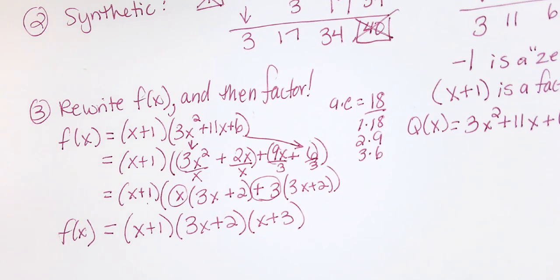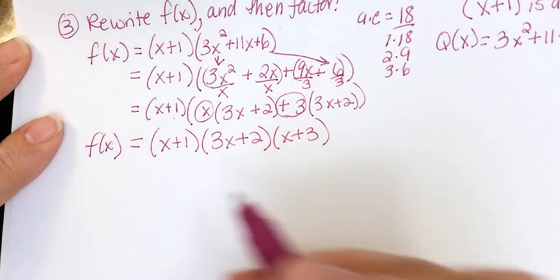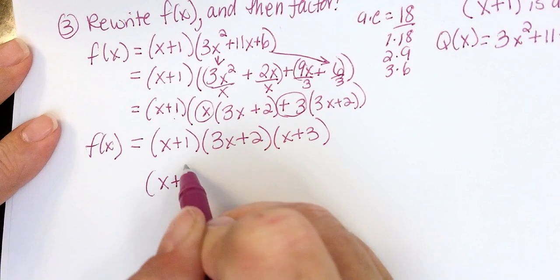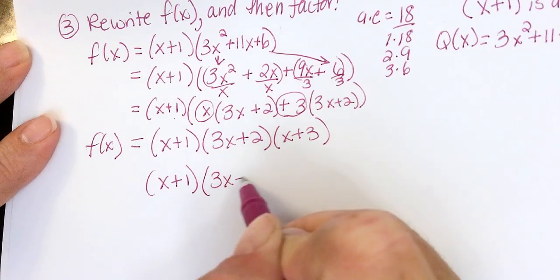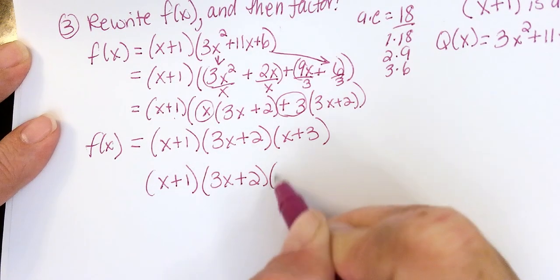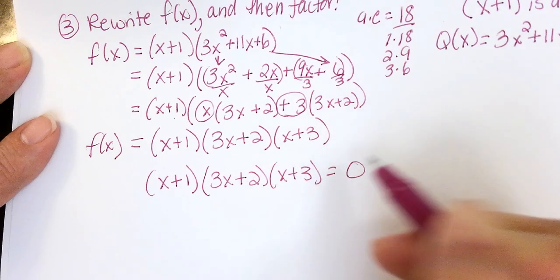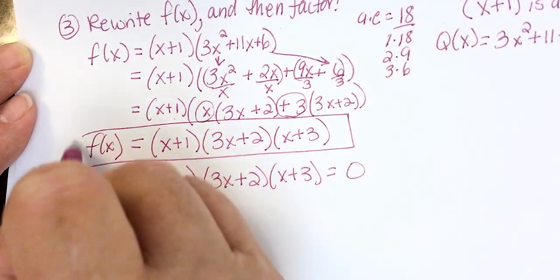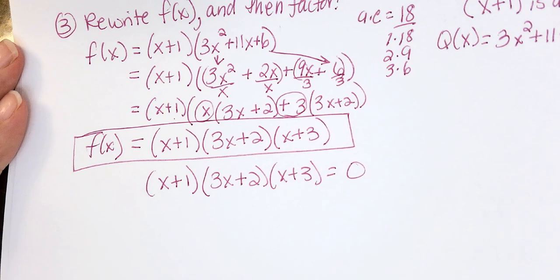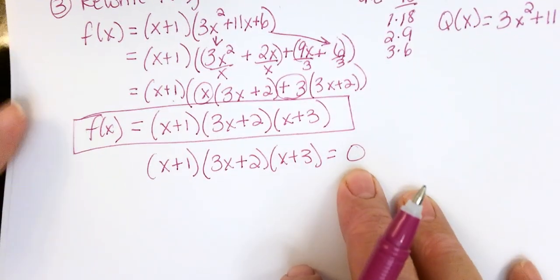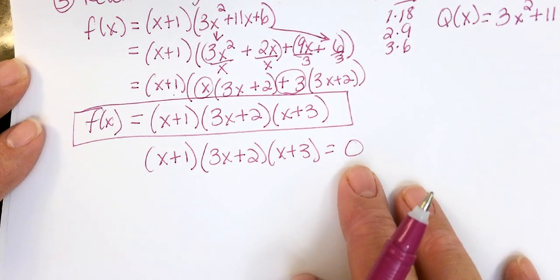The second part of the directions says solve f of x equals 0. What we want to do is take this function that's factored, write the factors out, and set this equal to 0. If I set this equal to 0, I can now use the zero factor theorem.